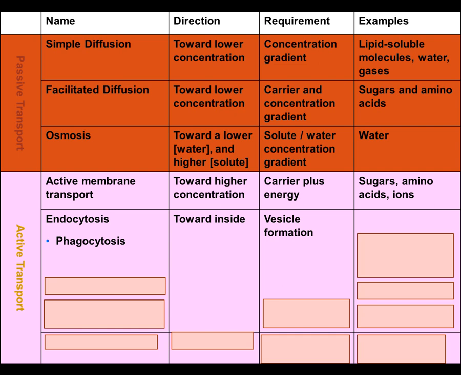Does anybody know about this one? Yes. Very good. Phagocytosis transports large molecules, or maybe even entire other cells, into the cell. So the key word that you'll want to hone in on for phagocytosis is large.